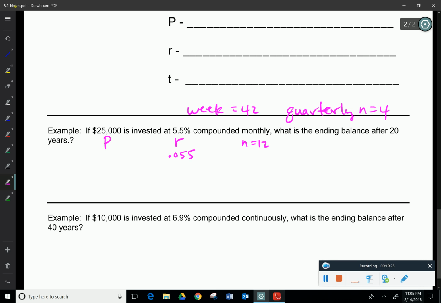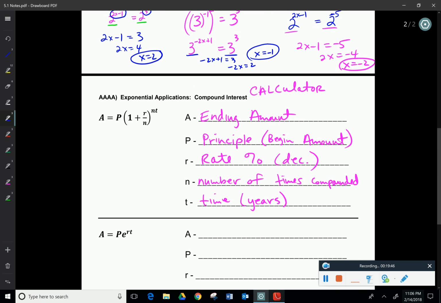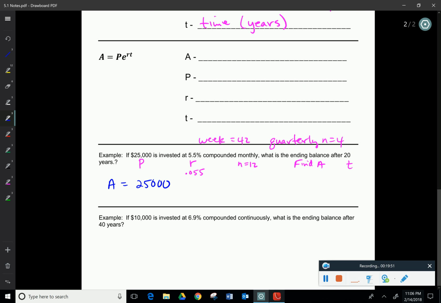And then it says what is the ending balance. So I'm trying to find A. And then they say after 20 years. So there's my T. So you're going to do all of it in the calculator, but I still want to see the setup. So I'm going to say A, which is what I'm trying to find, equals P, which is 25,000. Make sure you notice I'm just filling into this formula that I gave you, right? Now I need parentheses 1 plus the fraction.